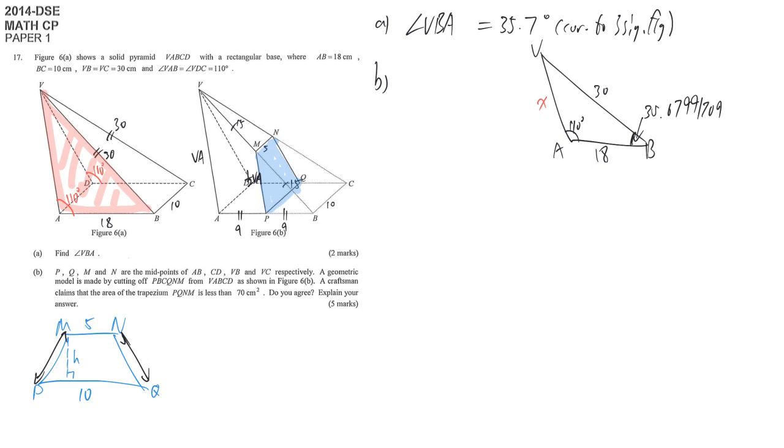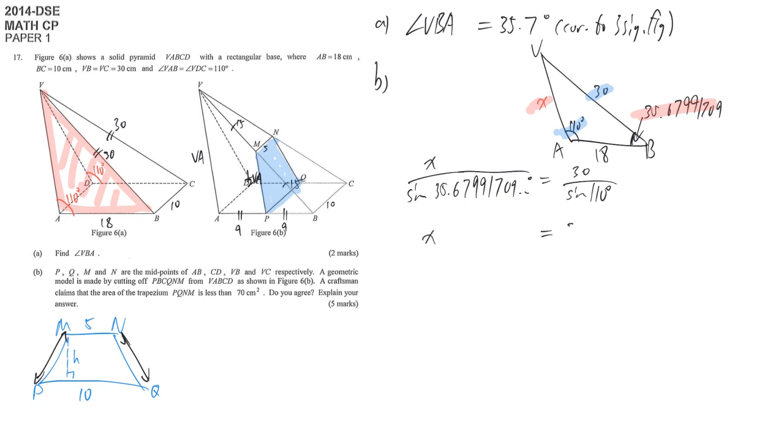We have a pair of angle and line, and also we have another pair of angle and line. So we can start to write it. X divided by sine the opposite angle 35.67991709 is equal to 30 divided by sine 110 degrees.